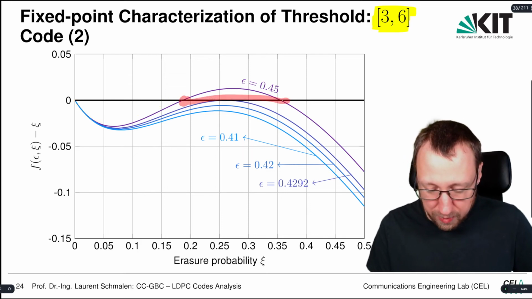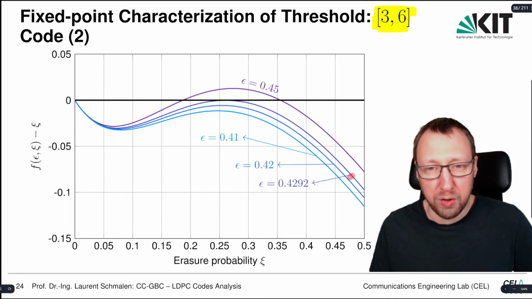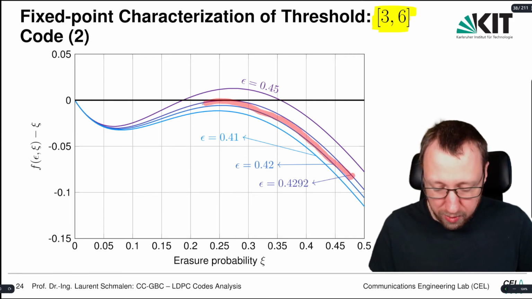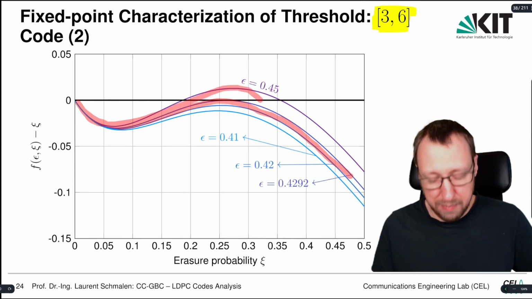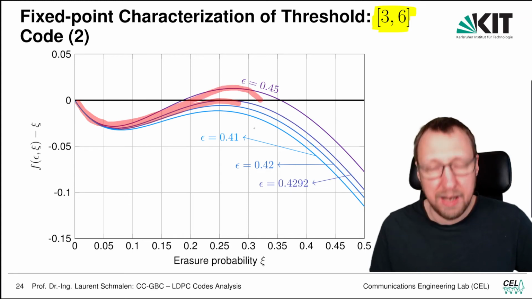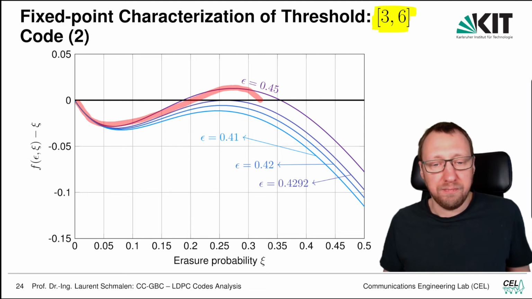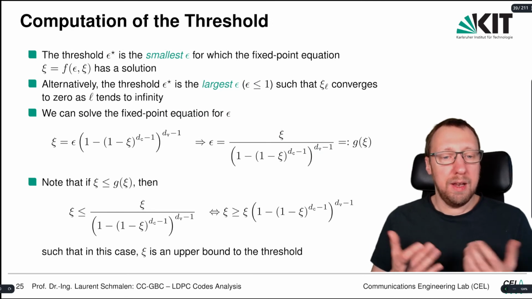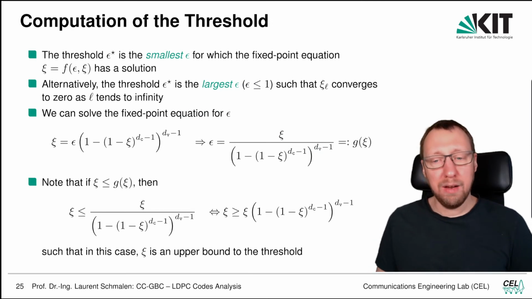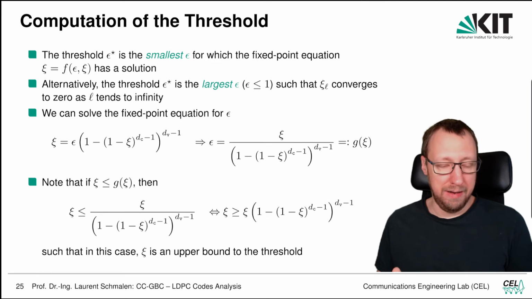If we get stuck, we have these two fixed points, but for 0.4292, we'll be conveniently underneath 0, and that means that we actually are able to decode. All right, so now we can also calculate this threshold numerically.